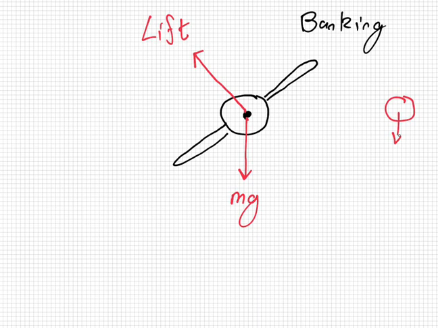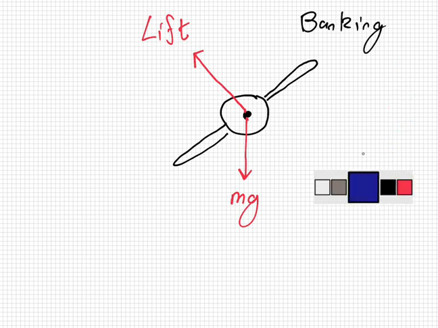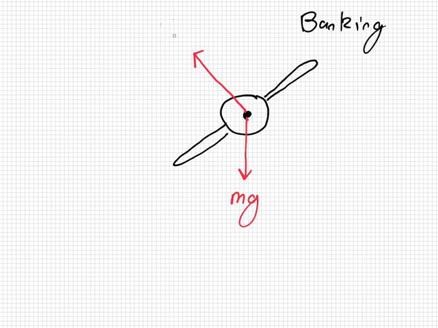When the plane is going straight, we have this situation, mg and L. But when the plane turns, we have this situation. Let me just call this L. I'm going to resolve this force into two components, that way and that way, and let me call this angle theta.